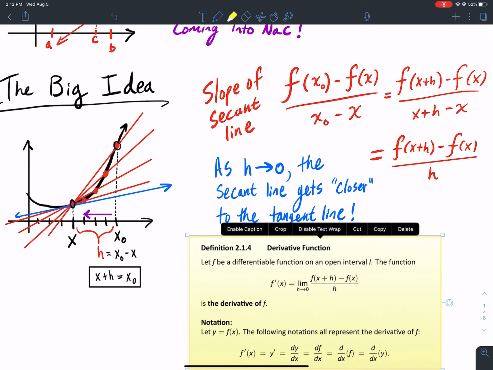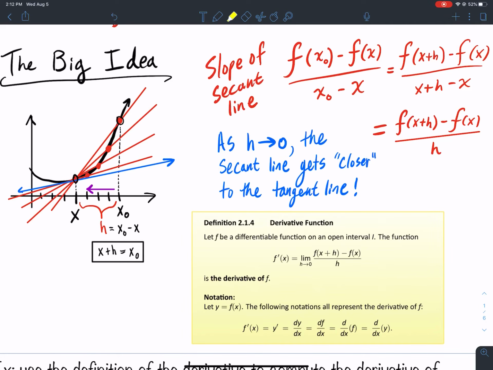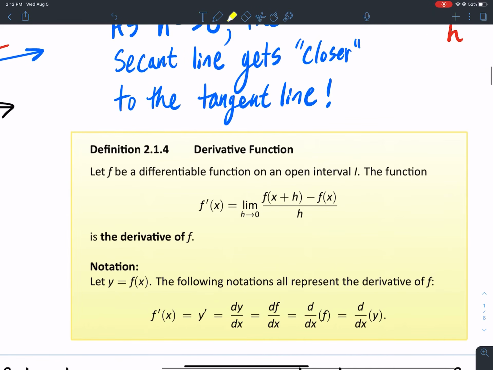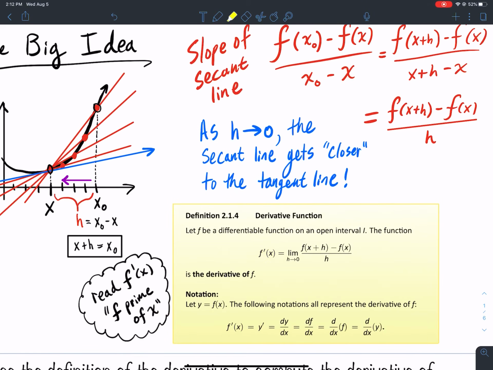Now, the definition of the derivative, okay? So the definition of the derivative: let f be a differentiable function on an open interval. Then the derivative of f of x, which is read f prime of x. Okay, we read this as f prime of x.